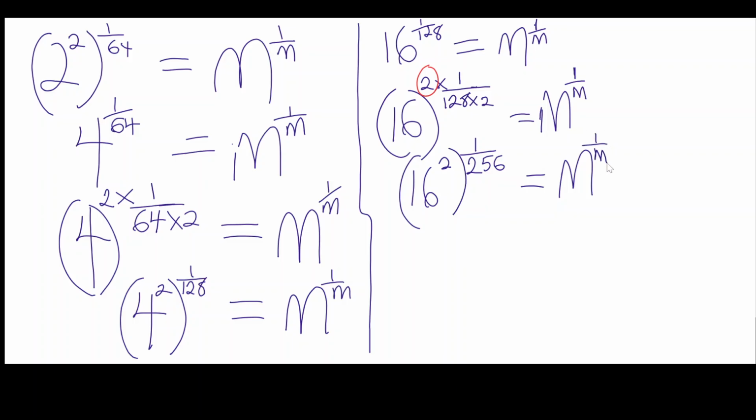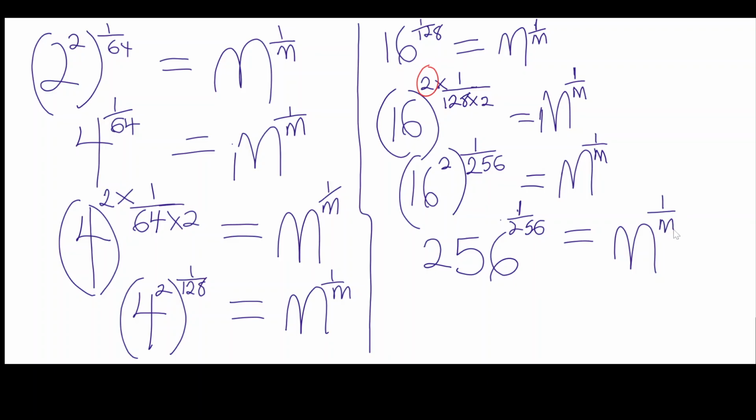Then what is 16 to the power of 2? 16 squared is 256. So I have 256 to the power of 1 over 256 equals m to the power of 1 over m.